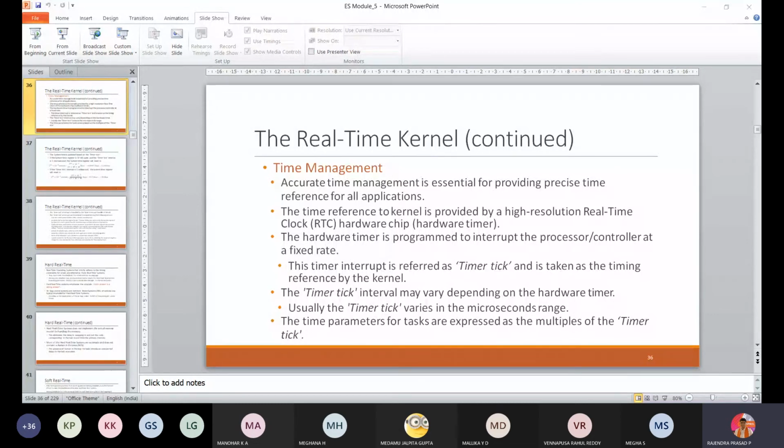Okay, process states and state transition. The state at which a process is being created is referred to as the created state. The operating system recognizes the process in the created state, but no resources are allocated to the process. Okay, the state when the process is inserted into memory and awaiting processor time for execution is known as the ready state.